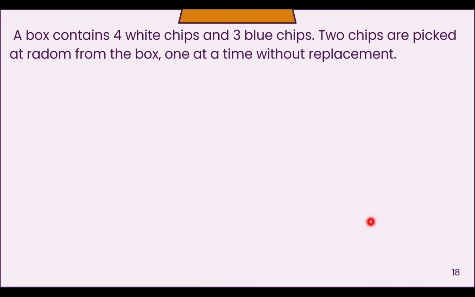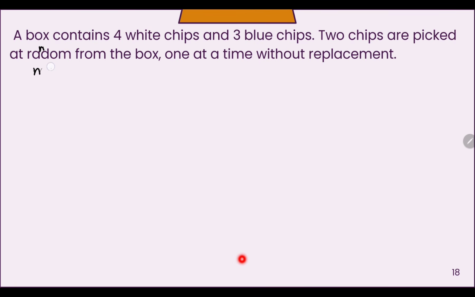Let's take a look at another example. A box contains 4 white chips and 3 blue chips. 2 chips are picked at random from the box, one at a time without replacement. So let's take a look at their probabilities. How many chips are there all in all? That would be our sample space.